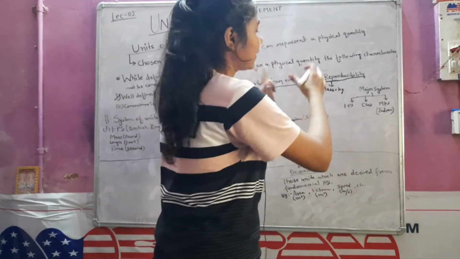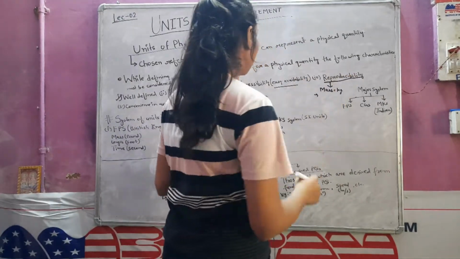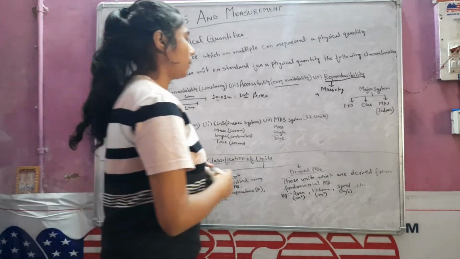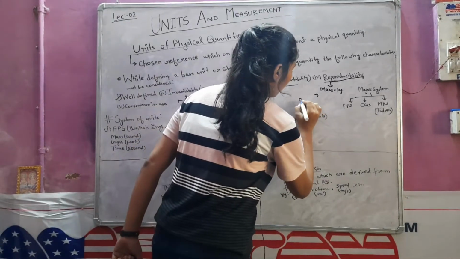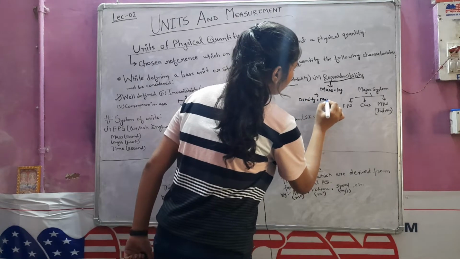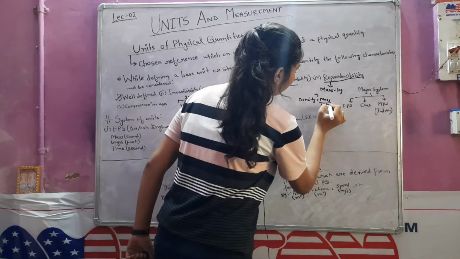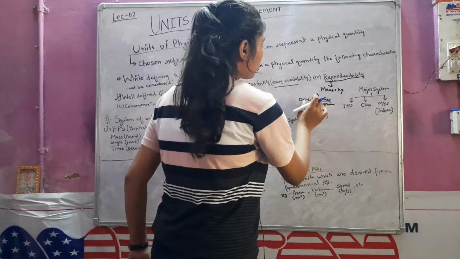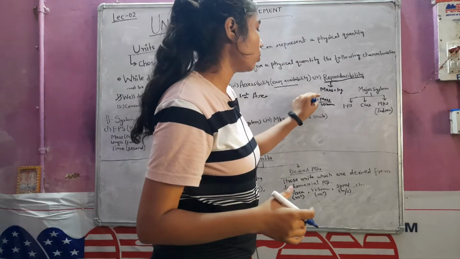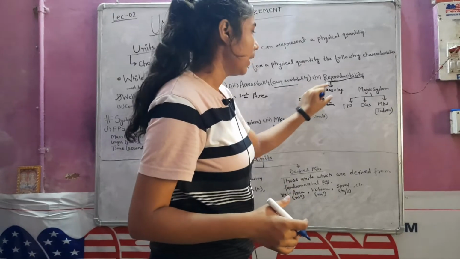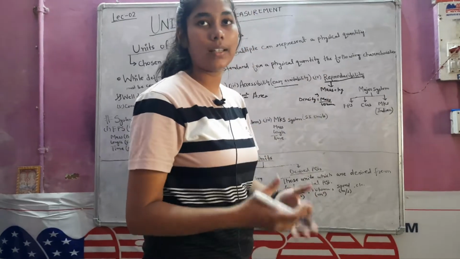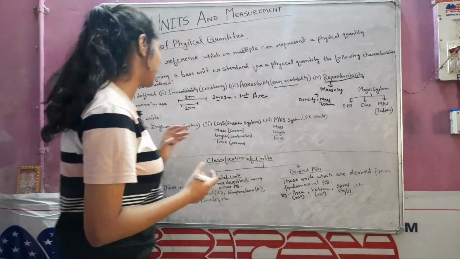Likewise, reproducibility means it can reproduce more physical quantities. Density is equal to mass upon volume. We calculate density by the use of mass and volume. It means volume and mass can reproduce another physical quantity.